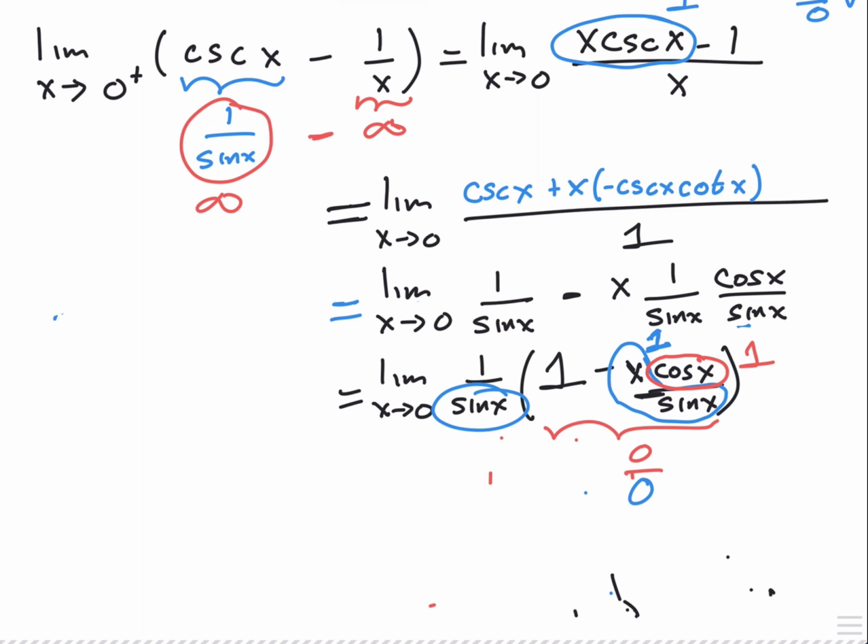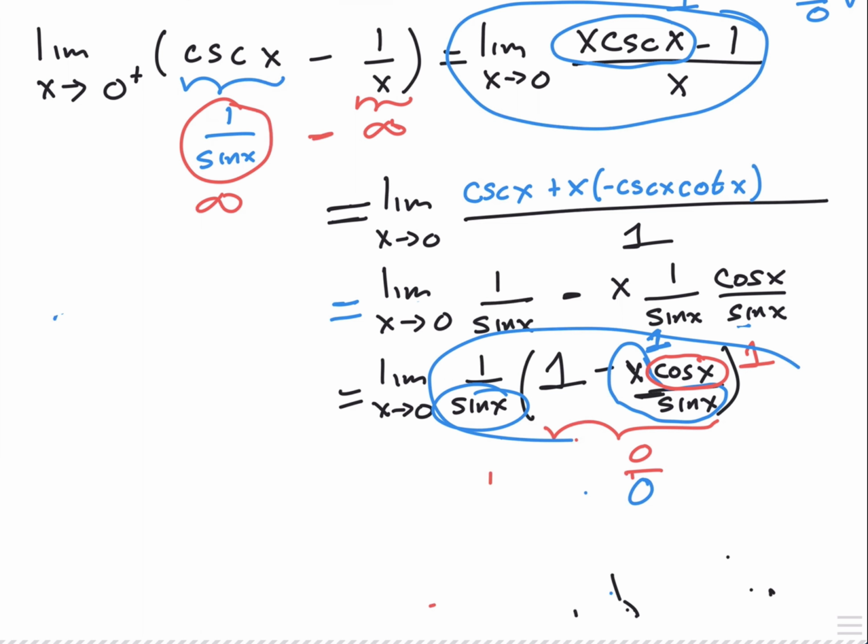This is a good example because take a look at what we started off with, and now take a look at what I have. It's still indeterminate, which means the only way forward at this point is to do L'Hopital's rule again, right?